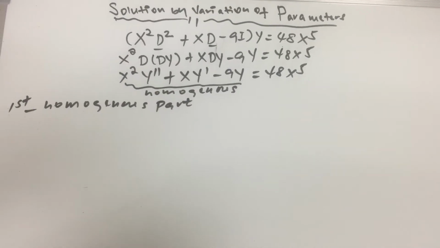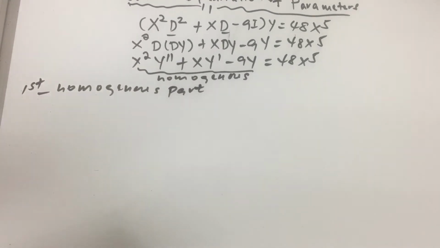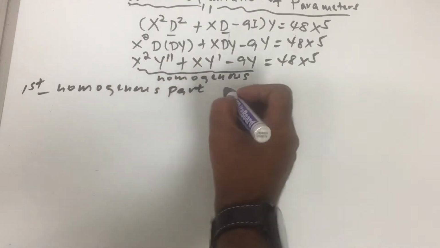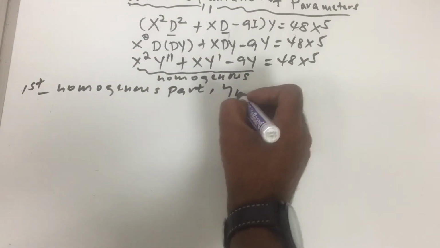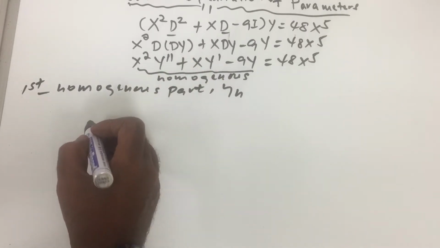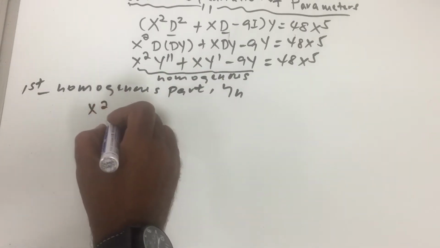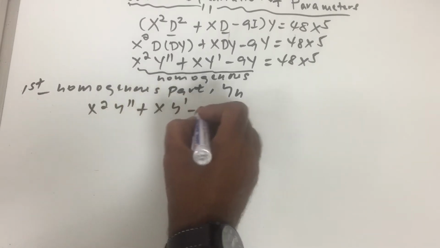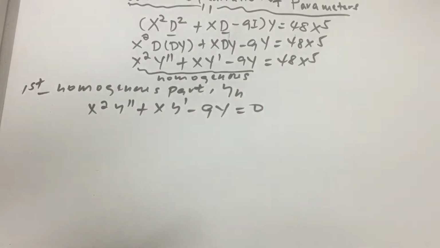To find the homogeneous solution yh, we have to find the characteristic equation: x squared y double prime plus x y prime minus 9y is equal to 0.